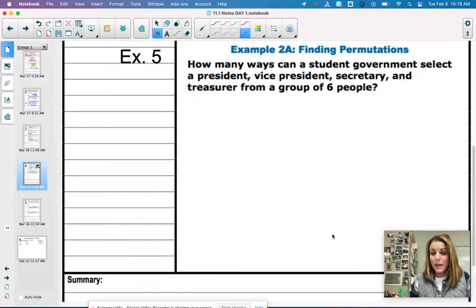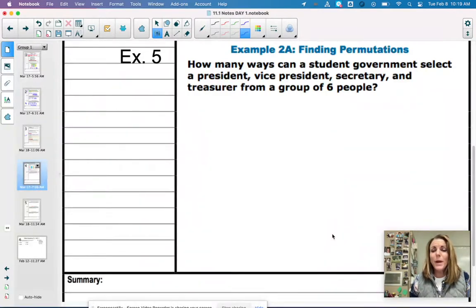What we're going to work on in class is understanding when order matters and when order does not matter. Once we learn more about combinations, which is in the second video, the day 2 video, we can talk about that more.